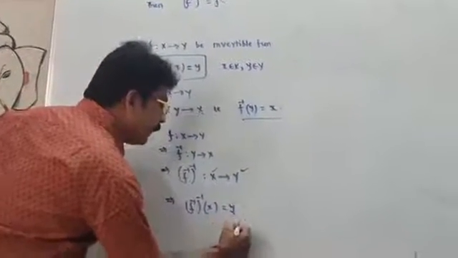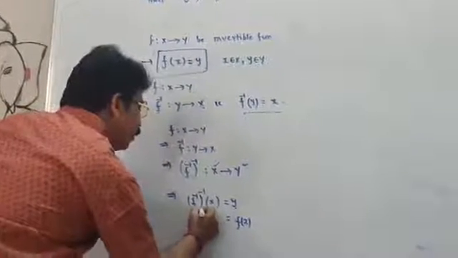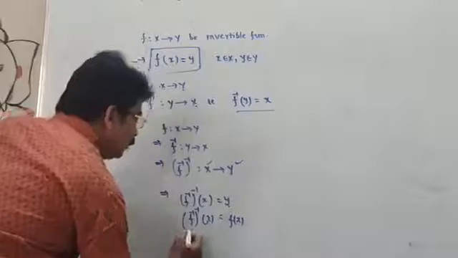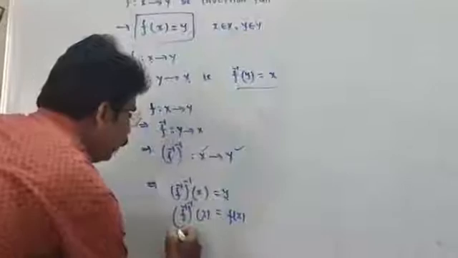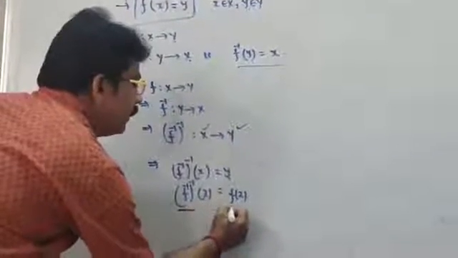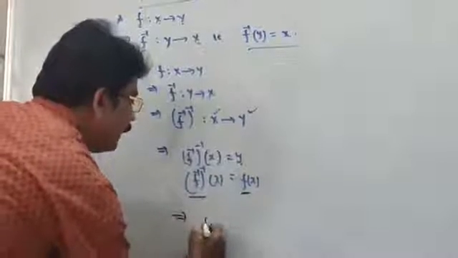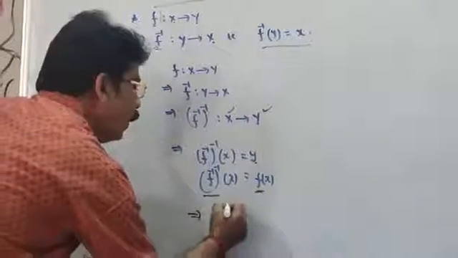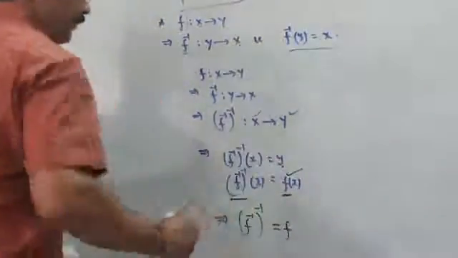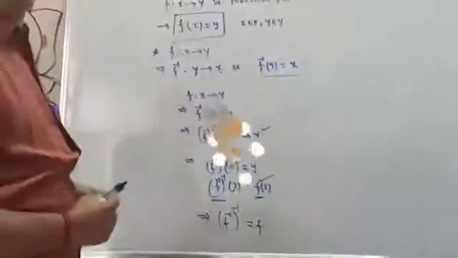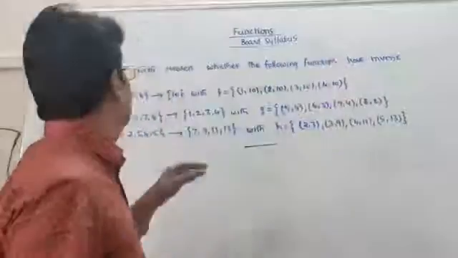So f inverse whole inverse of x equals f of x. Therefore, f inverse whole inverse equals simply f. Hence the theorem. Then, whether the following functions have the inverse or not.